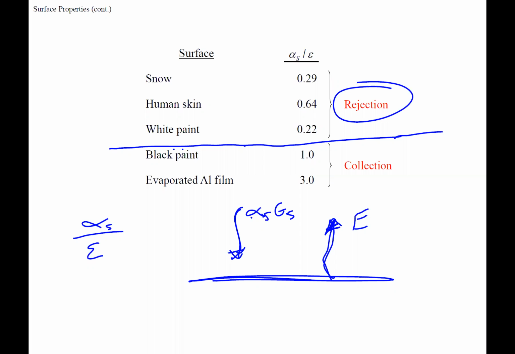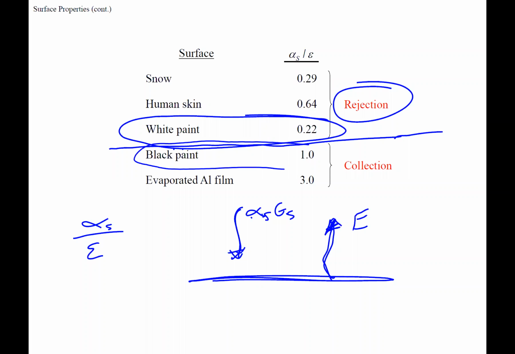So you might have your refrigeration truck painted white because of that, okay? You don't want your refrigeration truck painted black, because now your emission is low relative to your absorption. So now you're going to have a high absorption, and more energy is going to come into your refrigeration truck from that solar, okay?